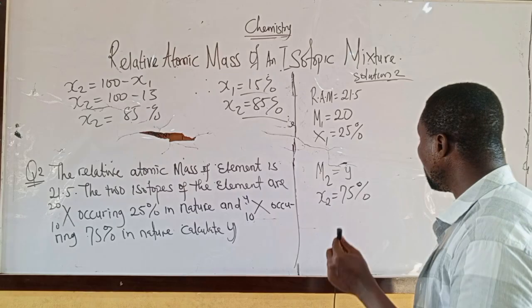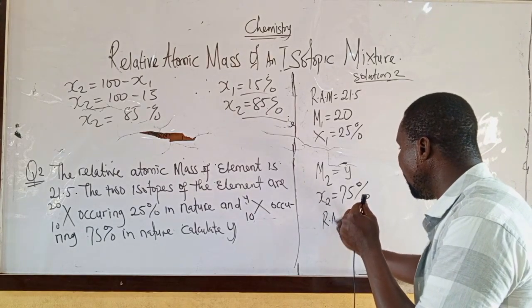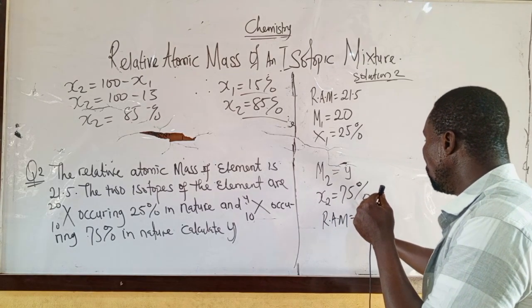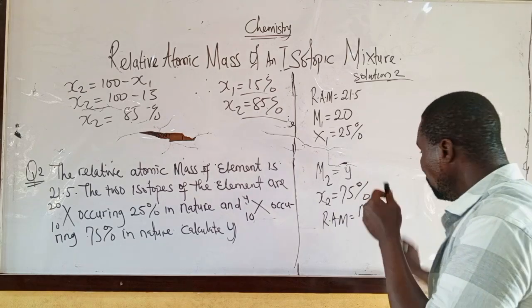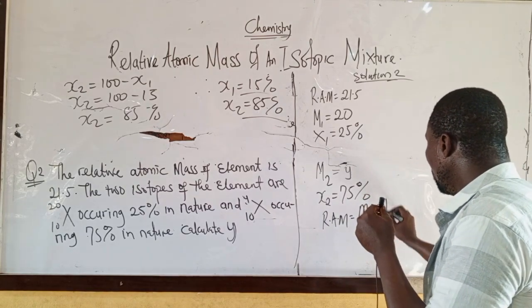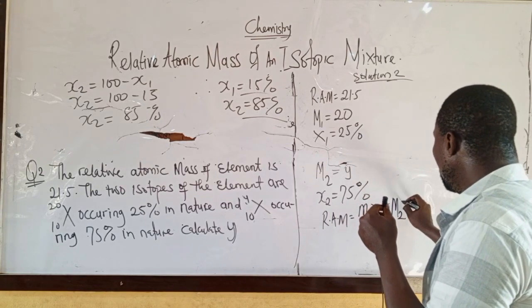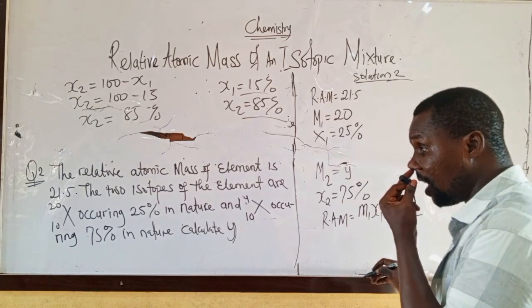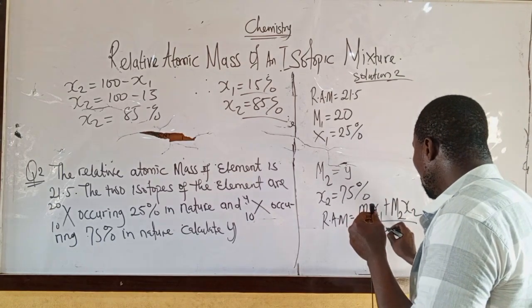The formula is still the same. RAM equals the mass number of the first isotope times its relative abundance, plus the mass number of the second isotope multiplied by the relative abundance of the second isotope, everything over 100.